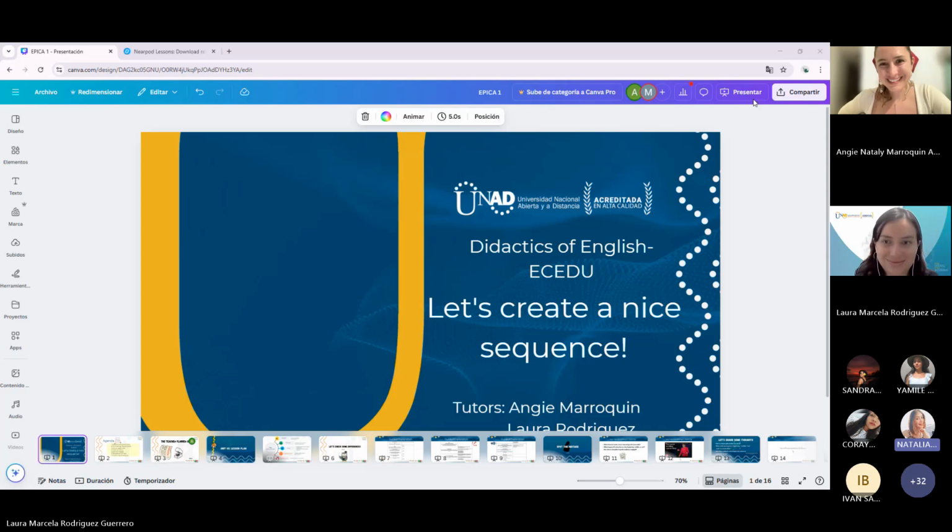Una pregunta, ¿el diario de campo se sirve a esta épica o en otra? Puedes usar esta o cualquier otra, puedes usar la que yo les voy a dar o la primera épica que tuvimos. Ok, thank you.